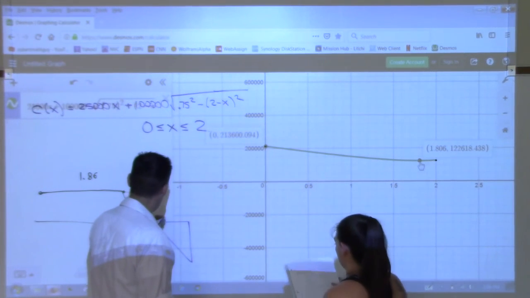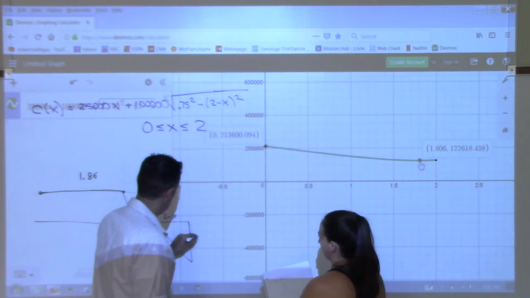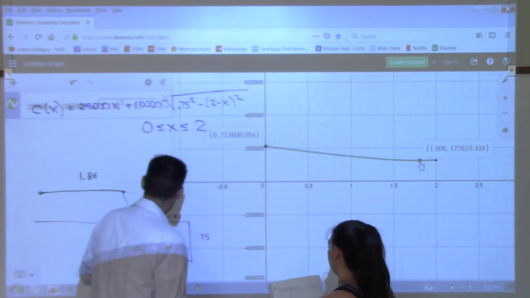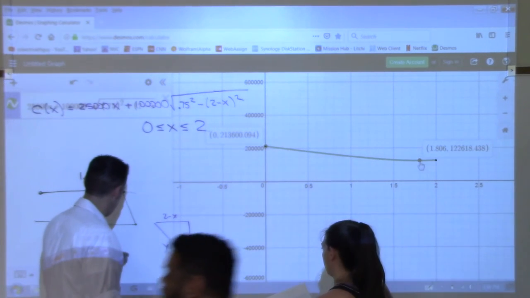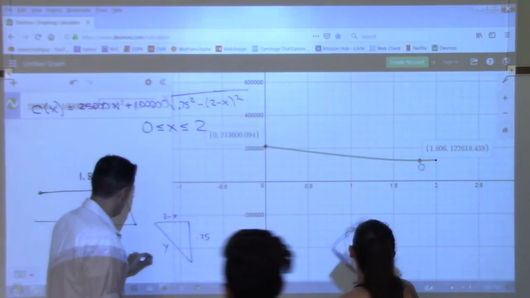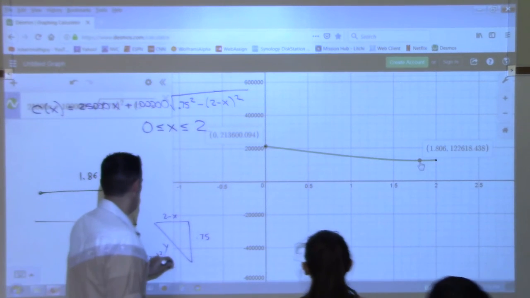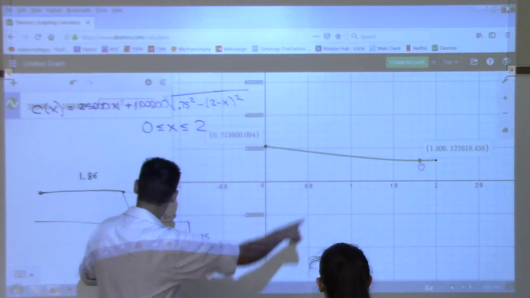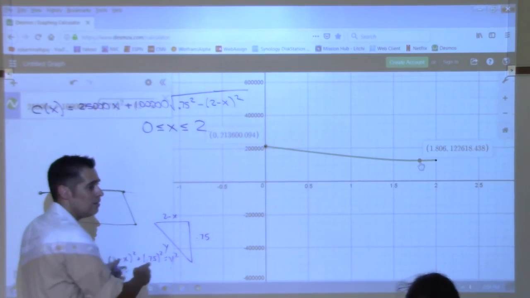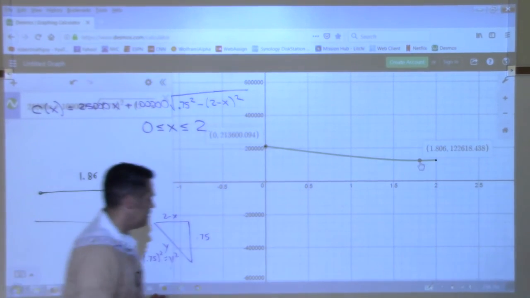I didn't set it up correctly. So when we set up the Pythagorean the correct way, you would just plug the x into that. That's right. So you have that, and now you know what x is, right? x was whatever, 1.86. Plug it in here, solve for y, and you'll get the y. That'll give you your hypotenuse.